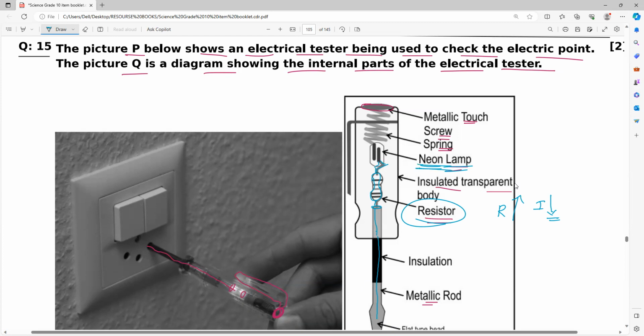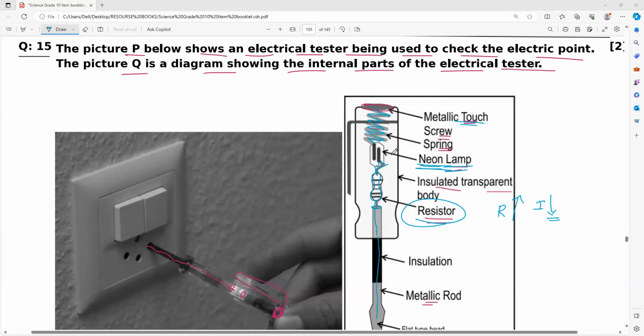So extremely low current will reach our metallic touch. We never even experience that as a shock. That is the concept behind the design of a screwdriver.